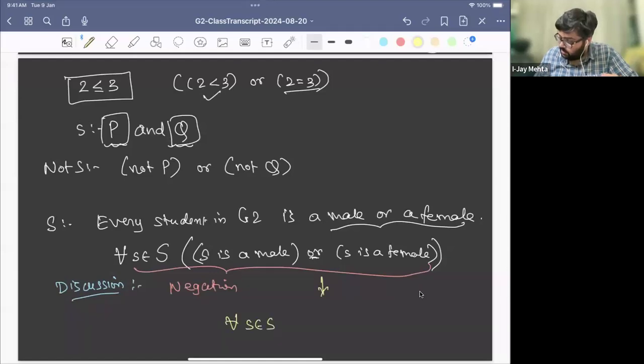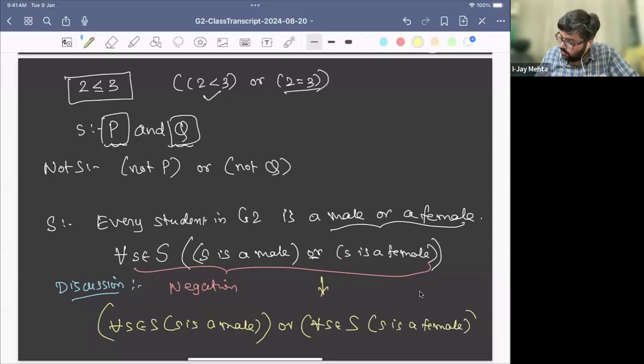Given any s in S, s is a male, or given any s in S, s is a female. I want you to think about these two things. Is it clear to all of you? You will negate that statement and frame more such statements and discuss. Is it fine? I'll stop here.